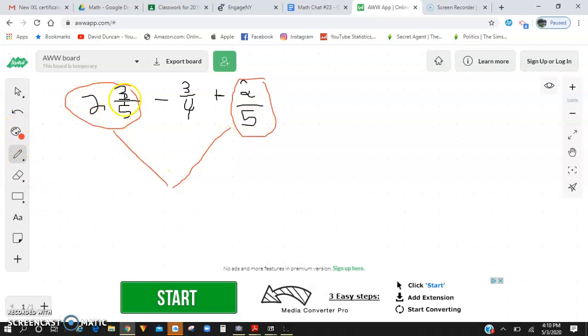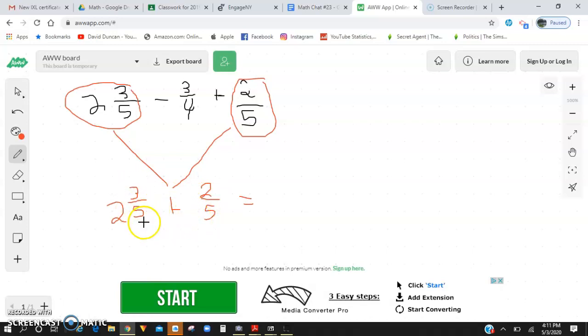So if I have 2 3/5 plus 2/5, I don't really need to do a whole lot of converting this mixed number to an improper fraction, because I know that I can just add my fractions because I have common denominators of 5.